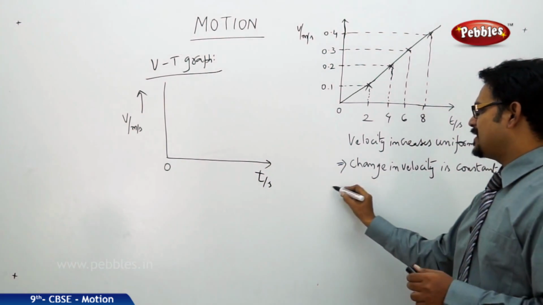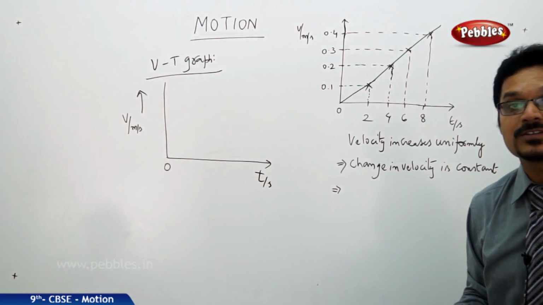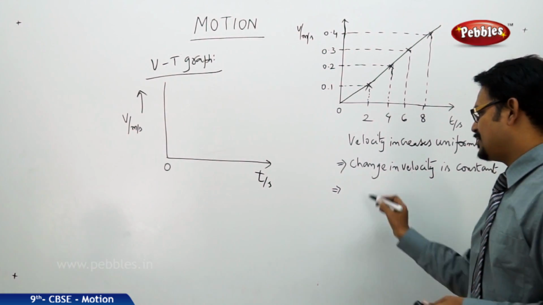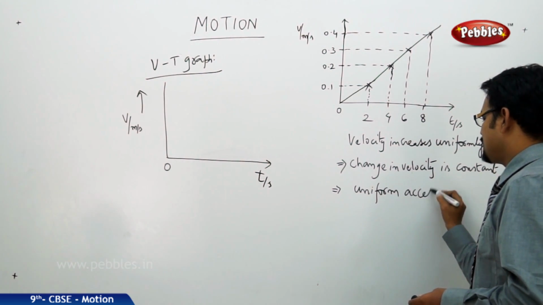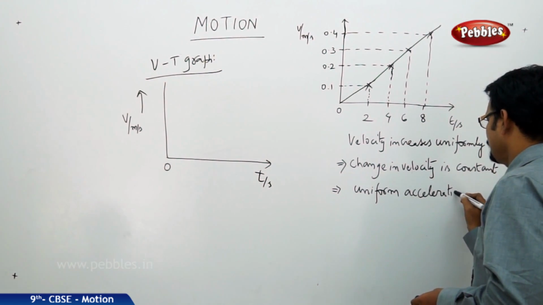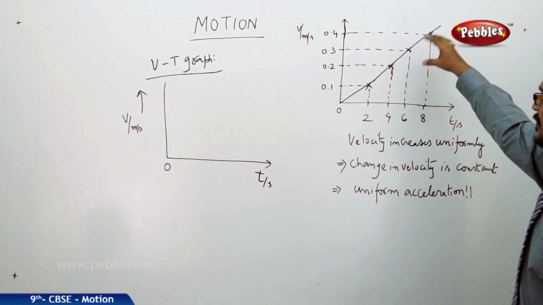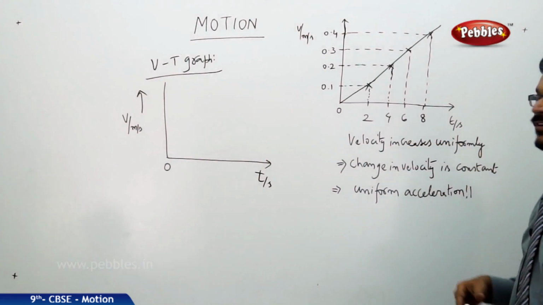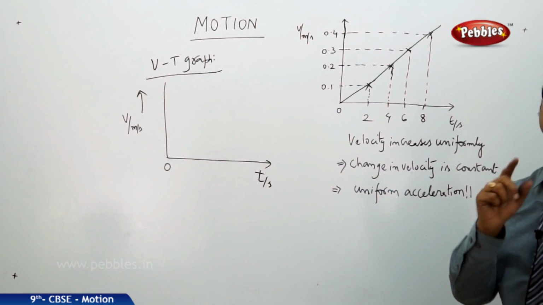Whenever change in velocity is constant, then change in velocity by time is what? Correct, it is acceleration. So it has uniform acceleration. Whenever you see this graph, you can tell that velocity increases uniformly, or that the body has uniform acceleration, meaning constant acceleration.